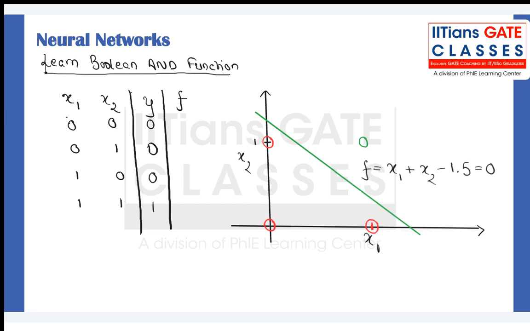Sahil, seriously? 0 plus 0 minus 1.5 is what? Okay, now you are not sleeping. And the next one, if the value of x1 is 0, if the value of x2 is 1.